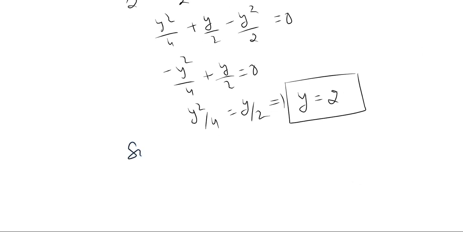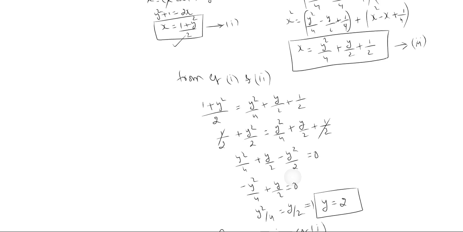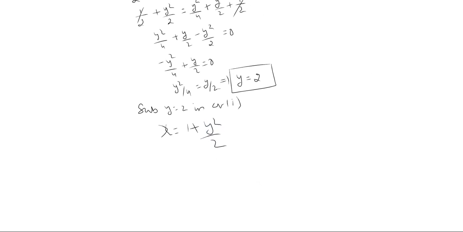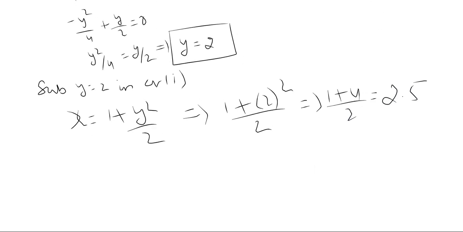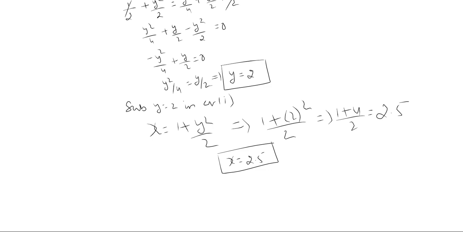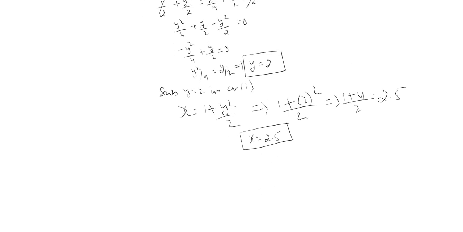Now substitute y is equals to 2 in equation 1. So the first equation is x is equals to 1 plus y square by 2. That implies 1 plus 2 whole square by 2, that is 2.5. X value is equals to 2.5. Now here we got the value x is equals to 2.5 and y is equals to 2.